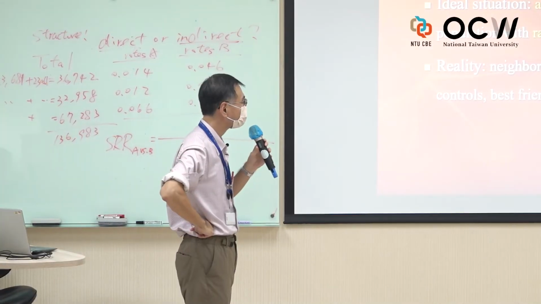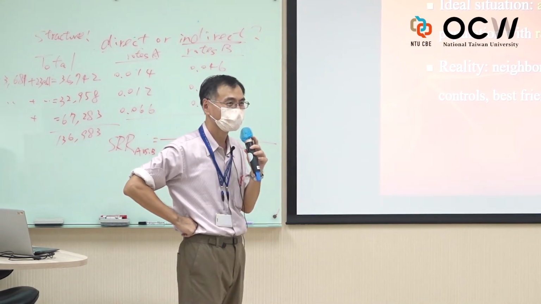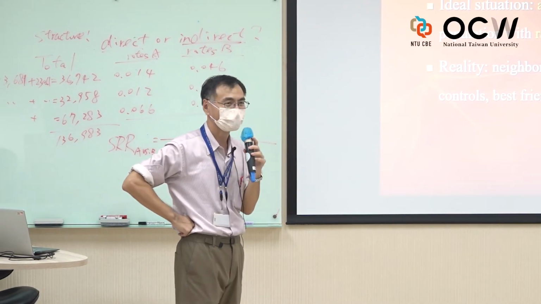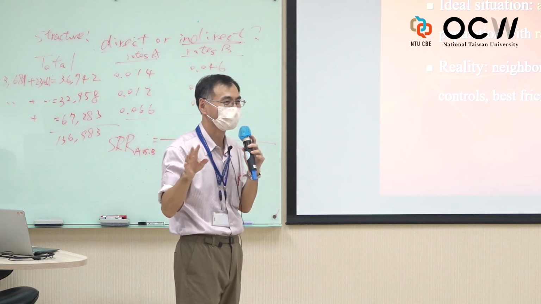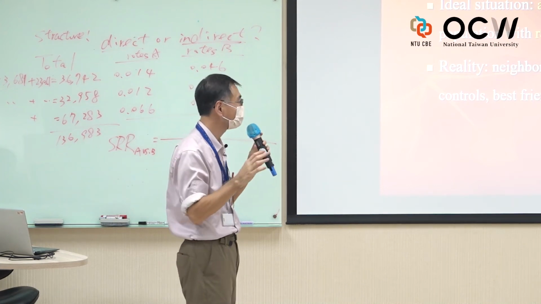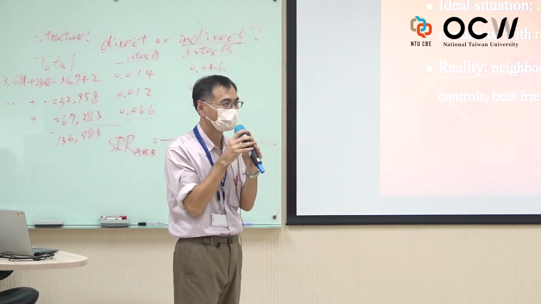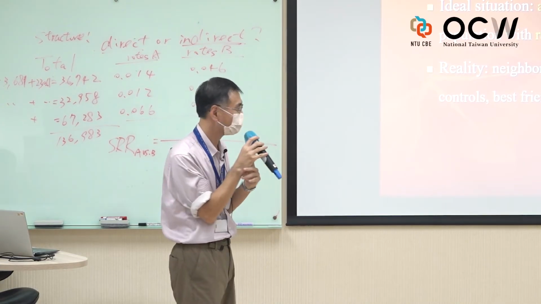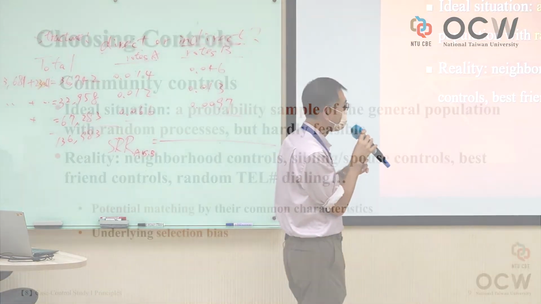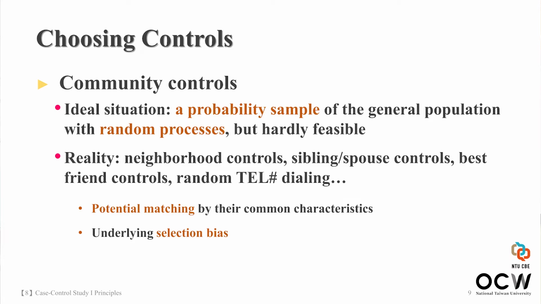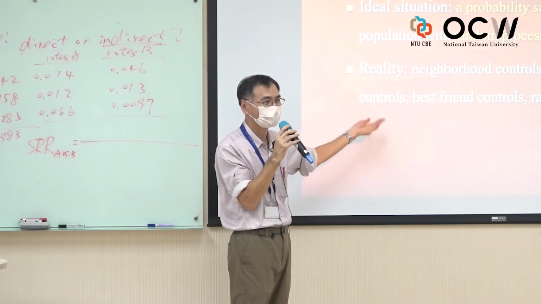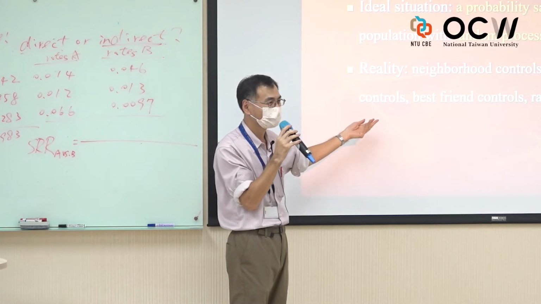But it's not very useful because birds of a feather flock together, right? Higher socioeconomic status people live with other people who also have high socioeconomic status. And sometimes we use sibling or spouse controls, which again are likely too close, too similar to the case group in terms of socioeconomic status, right?